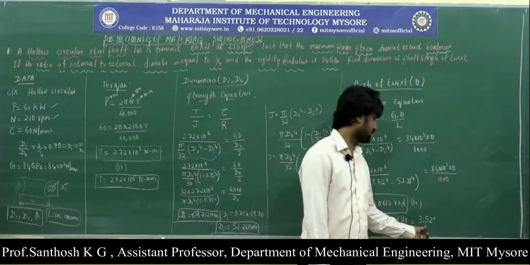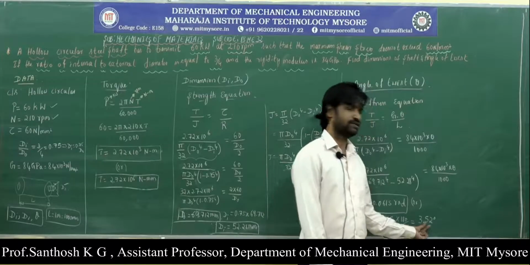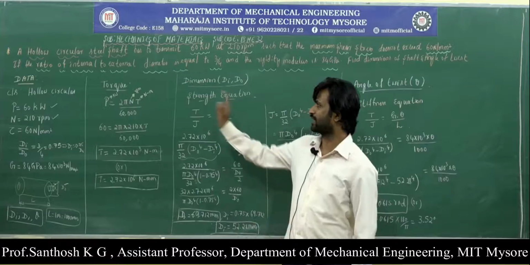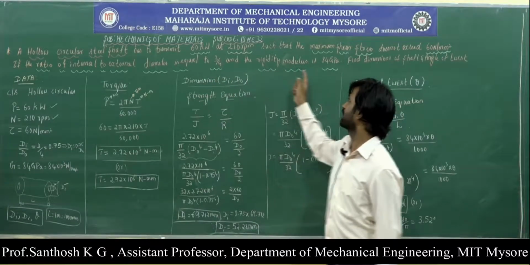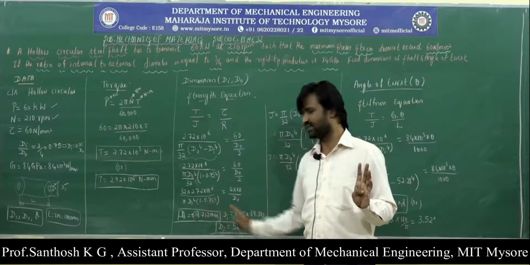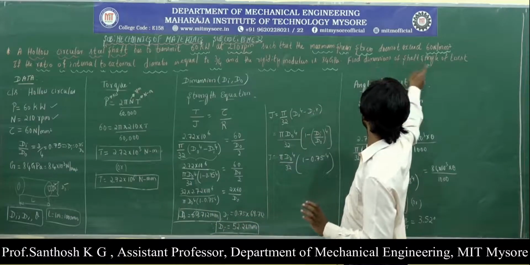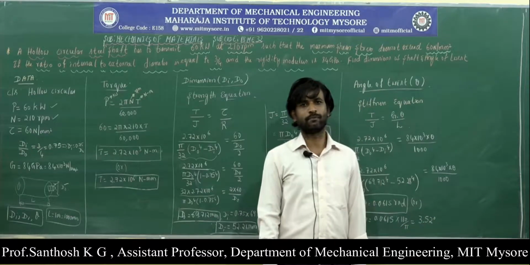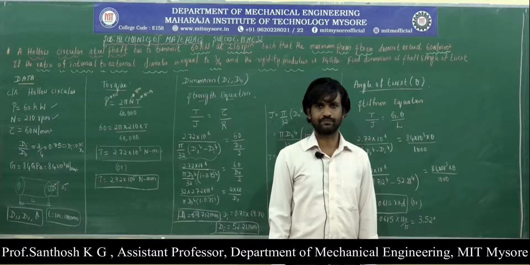So this represents the angle of twist in degrees. Thereby we calculated both the required values. One is the dimensions of the shaft, which represents di and d naught, and the second one is the angle of twist, which is equal to 3.52 degrees.